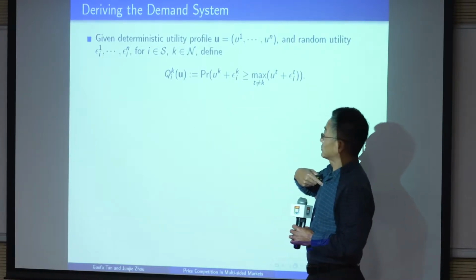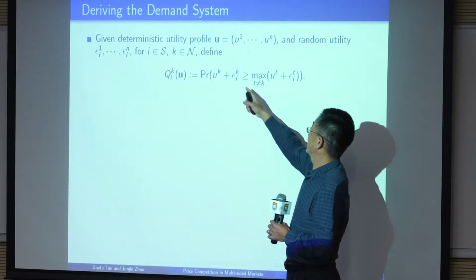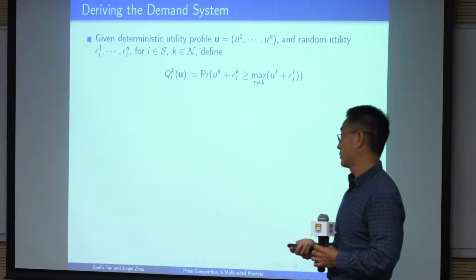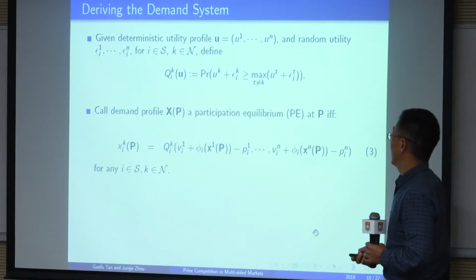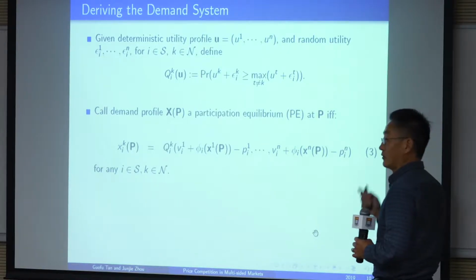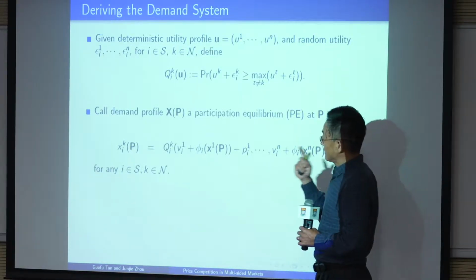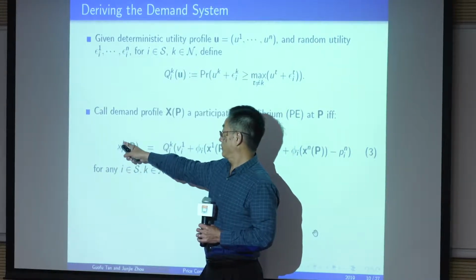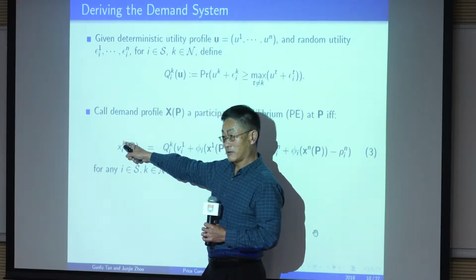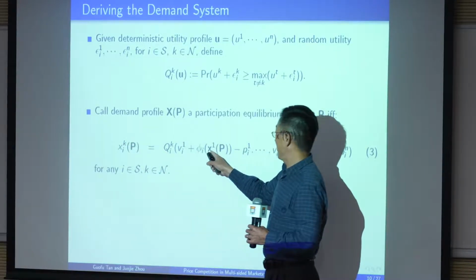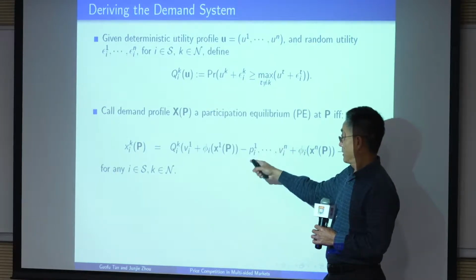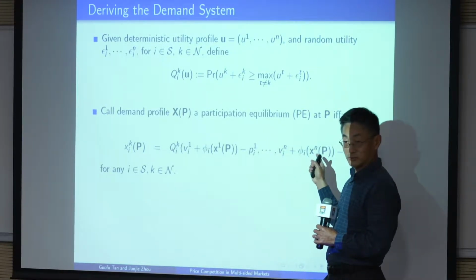And from a research platform's perspective, because you don't observe the random utility part, you compute the probability, which gives you a demand system. So the most crucial part of this setting is that every user's demand for platform K or product K depends on other users using particular platform and so on and so forth.